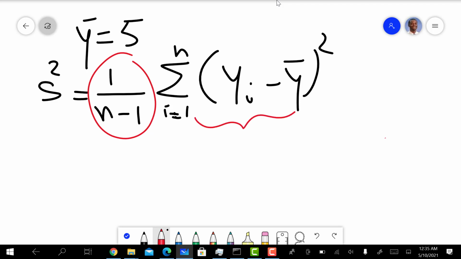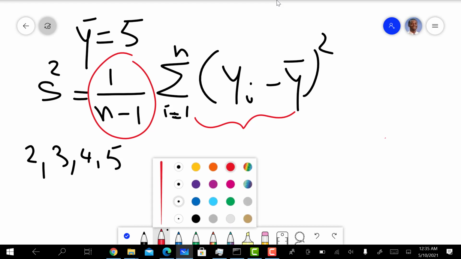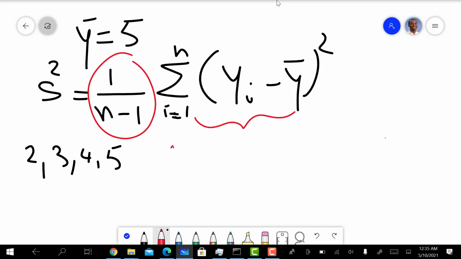And the data points, let's go back to our previous example. So we have data points 2, 3, 4, and 5, correct? And we want to calculate the variance. So we're going to have to calculate a difference. Each difference, you're going to have to calculate 4 differences. Each difference will have 2 minus 5 raised to the power 2, and then we're going to add 3 minus 5.